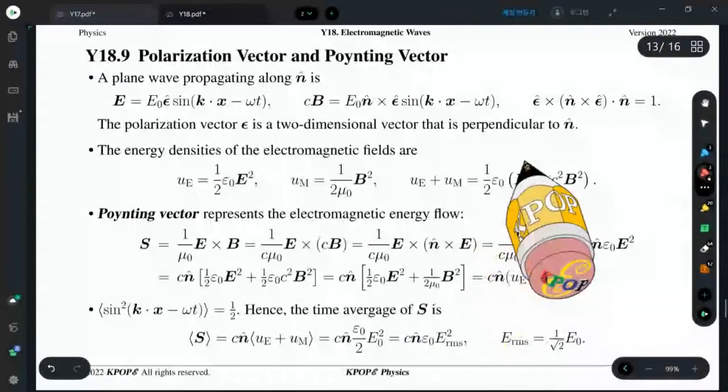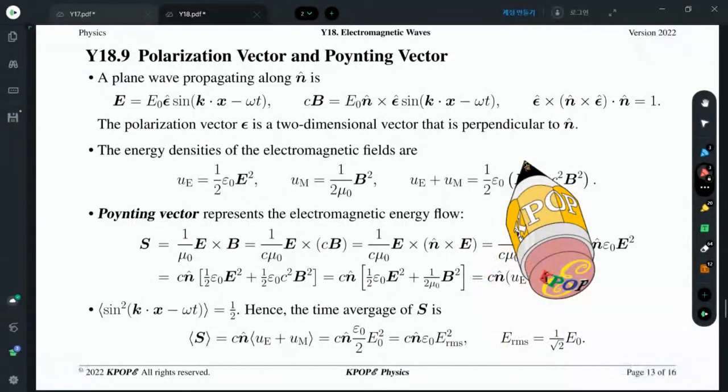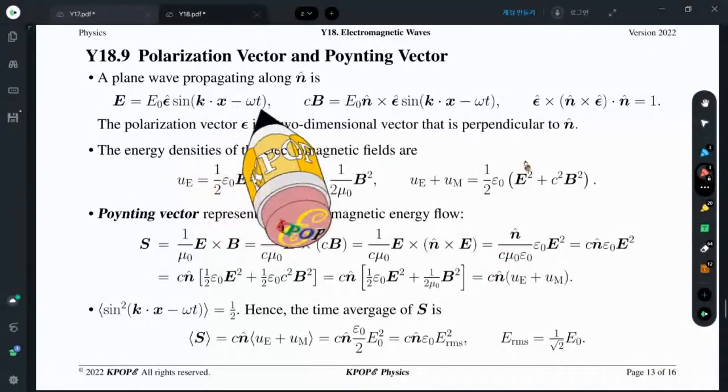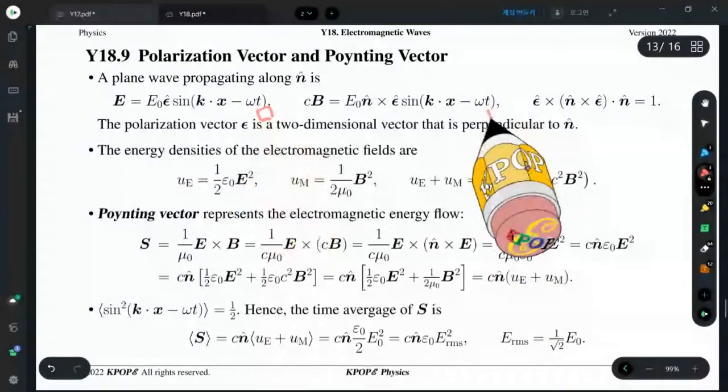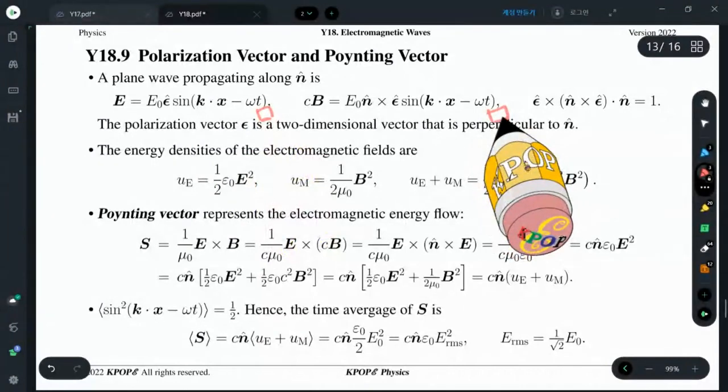Next, we study polarization vector and Poynting vector. We learned that we could have introduced a phase, and the phase appears when we have a single derivative in the equation. However, that kind of operator appears in the damping term in the first damped harmonic oscillator.